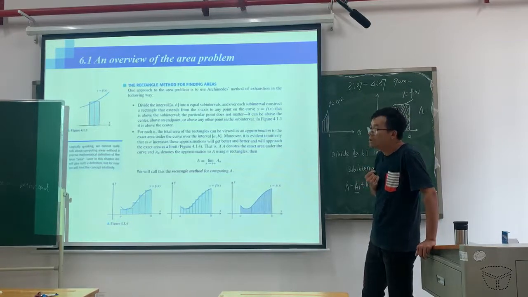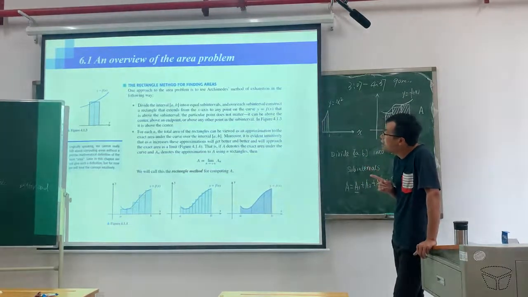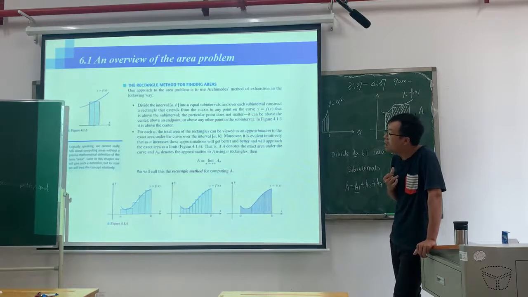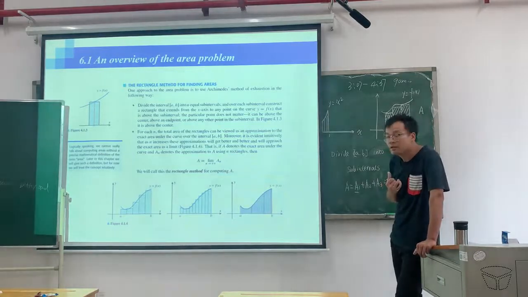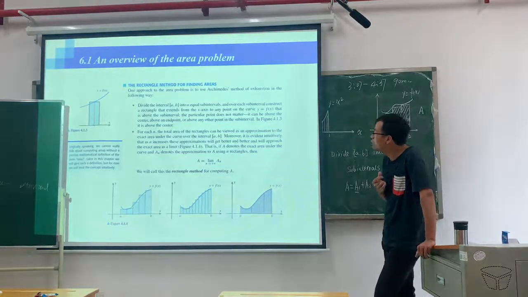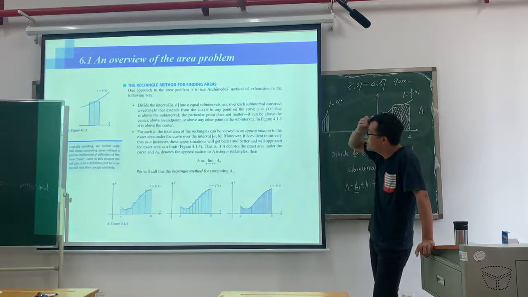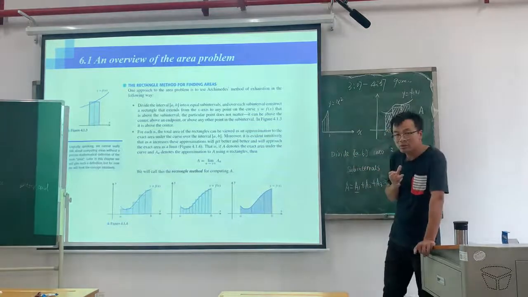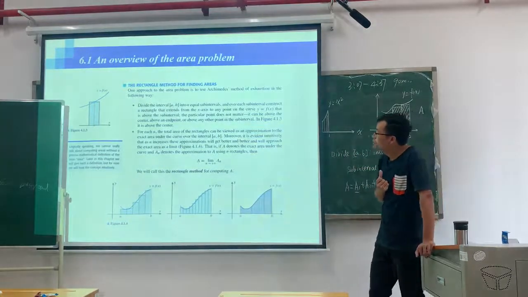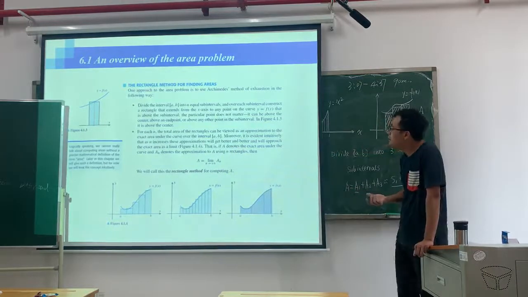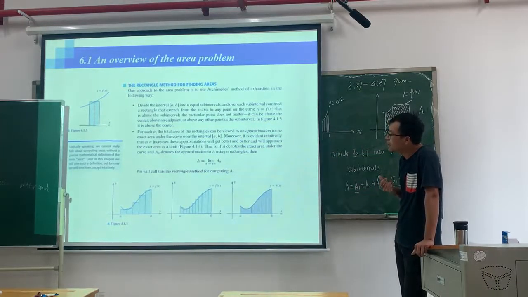Moreover, it's evident intuitively that as n increases, this approximation will get better and better, and will approach the exact area as a limit.